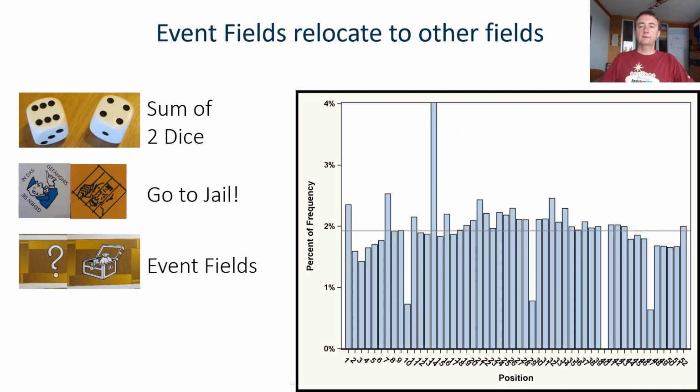There are also event fields. If we pick a card up, it sometimes tells you, for example, on field number 10, we might have to pick up an event card which tells us to relocate a token to a certain field.